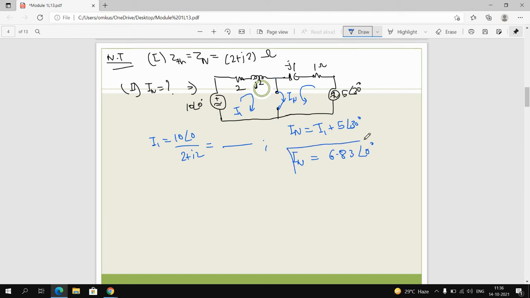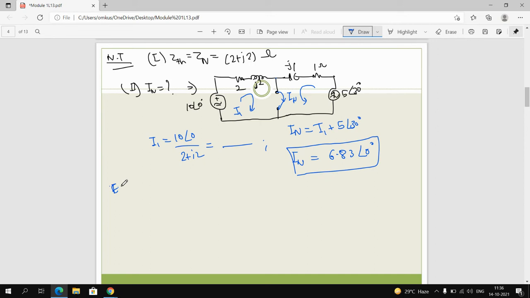So calculate this I1, and when you put this I1 in this value, you will get the final answer as 6.83 at an angle of 0 degrees. Now draw the equivalent circuit for Norton's theorem.